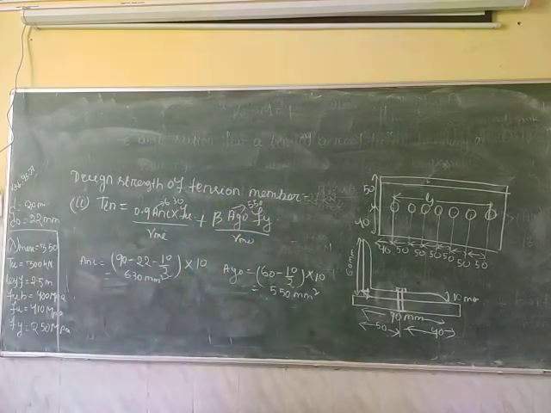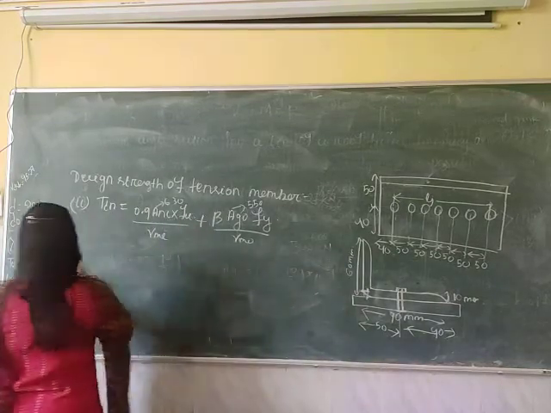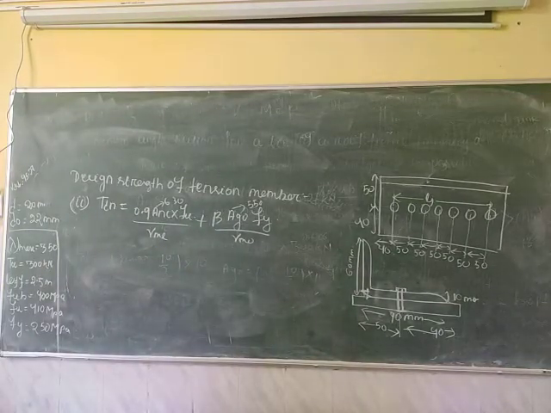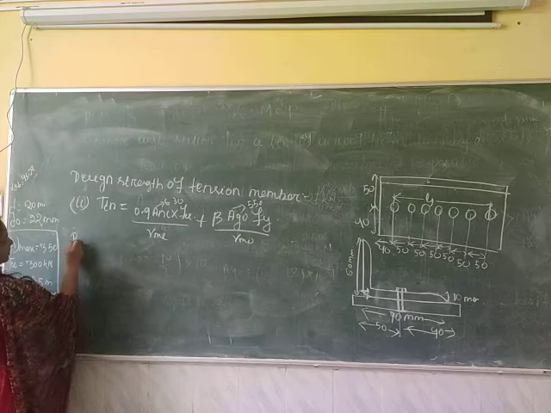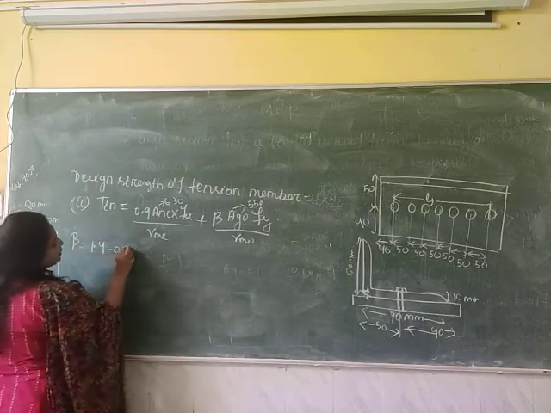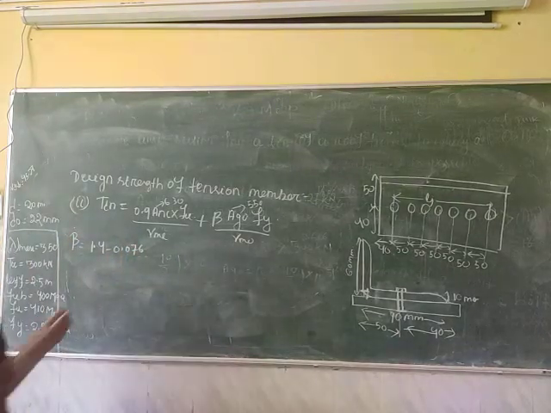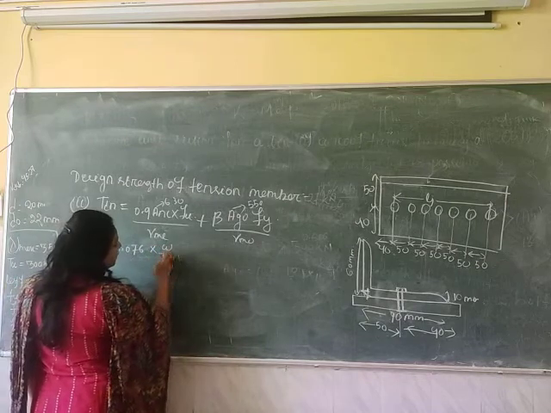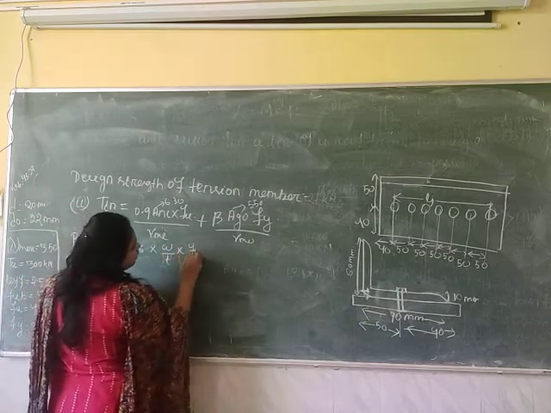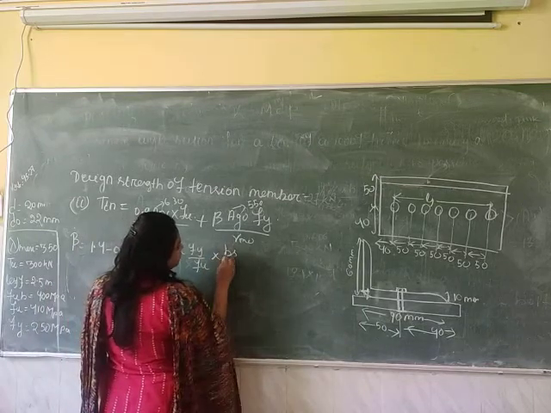Then next come to beta. Now we have to calculate the beta value. The beta value can be calculated by 1.4 minus 0.076 into w by t into Fy by Fu into bs by Lc.